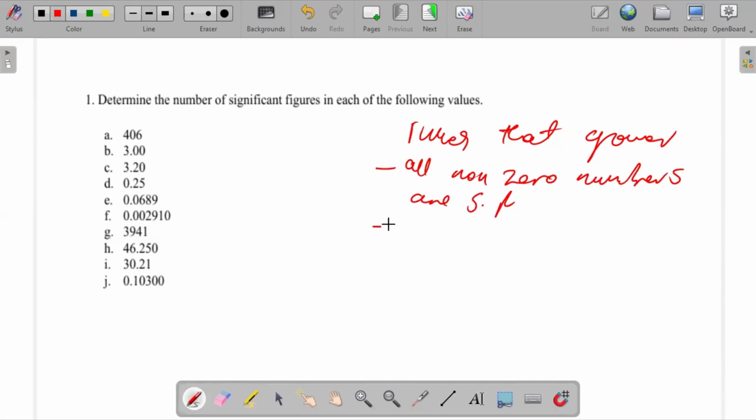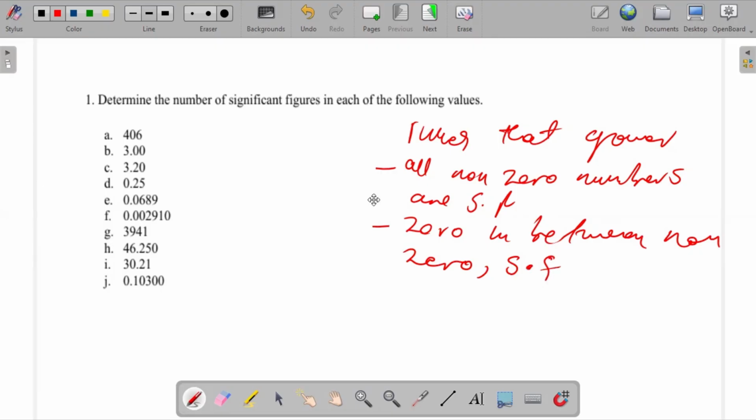Apart from that, the other rule is that if you're having a zero in between non-zero numbers, that zero is going to be significant. So it's going to be a significant figure.